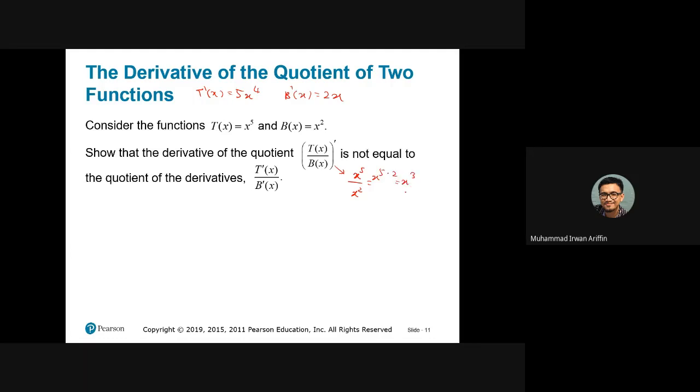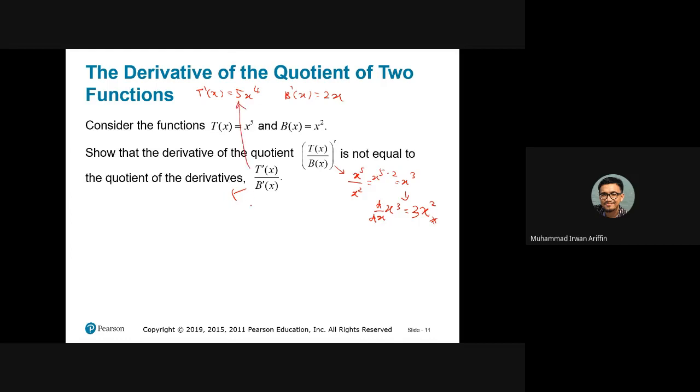Now x to the power of 3, when we find the derivative d/dx, gives us 3x squared. What about this method, where we find the derivatives first?